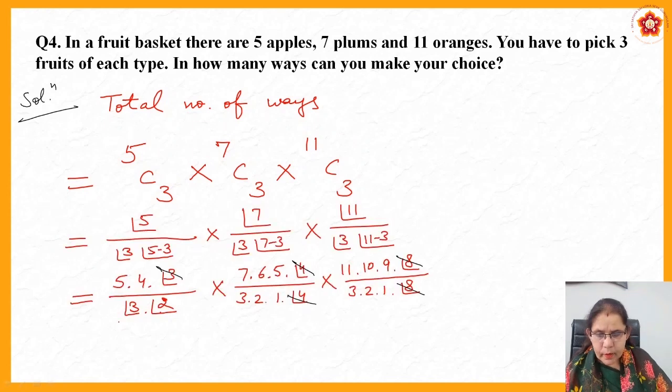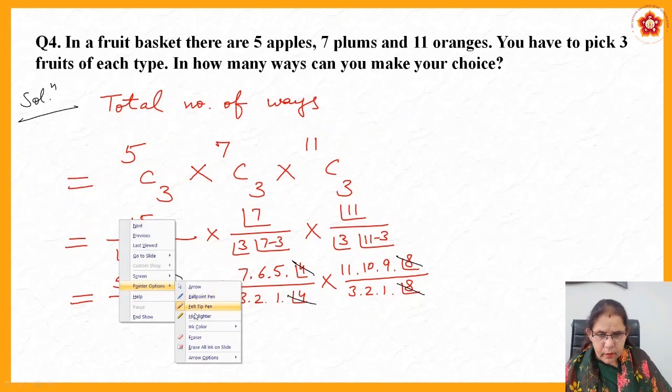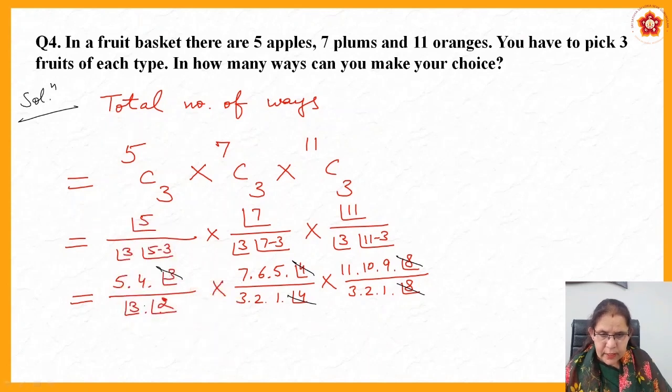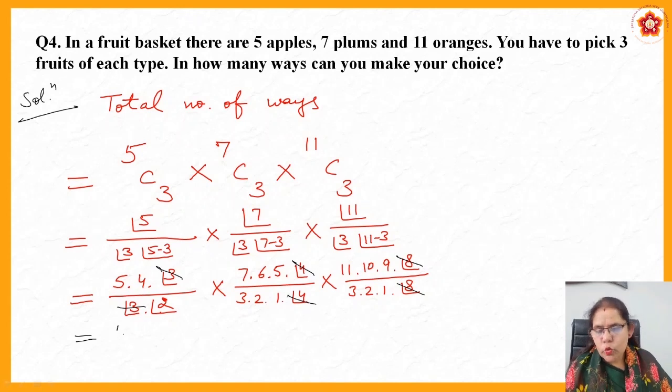Here, factorial 3 and factorial 3 both get cancelled. So we'll mark them like this. And here we are left with factorial 2, which is just 2. So cancel it, 2 2s are 4. We are left with 10 multiplied by, this gets cancelled, so it will be 35.